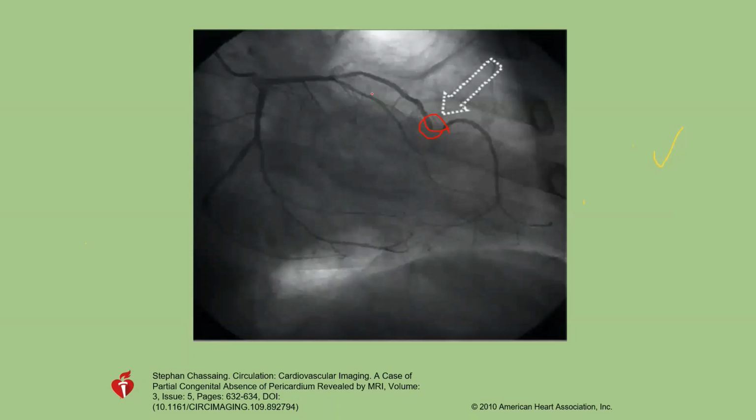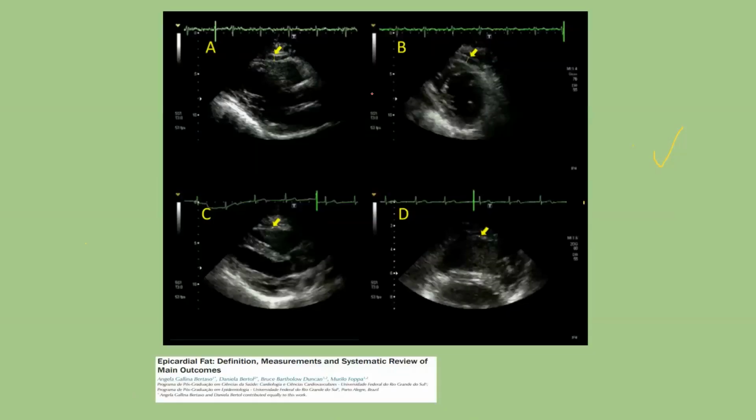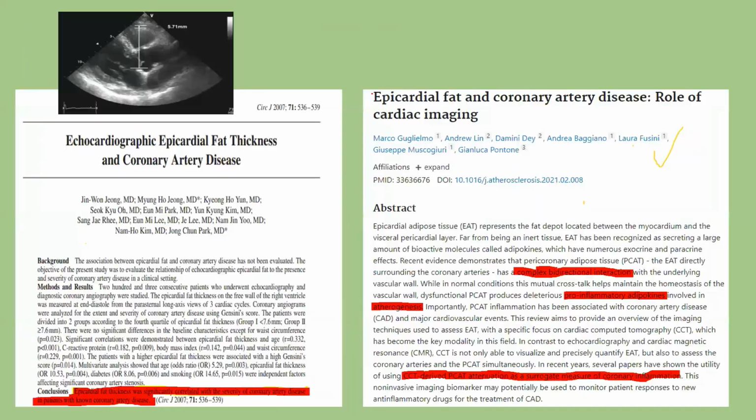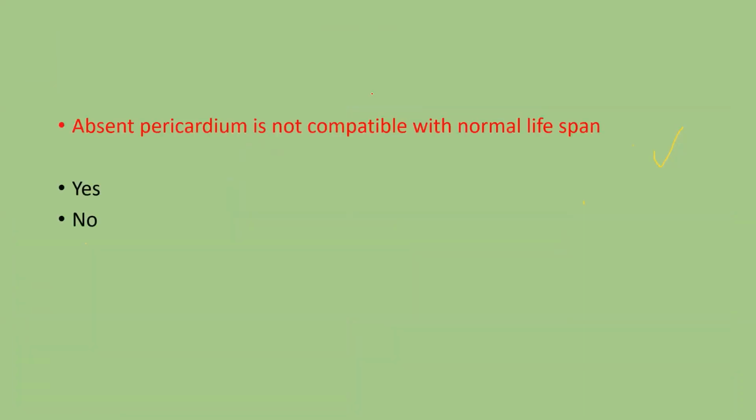Okay, that is why partial absence of the pericardium can sometimes be more serious. Potentially, yeah. Now, pericardial fat, I don't think we need to discuss this one. And okay, so quickly, absent pericardium is not compatible with normal lifespan. Yes or no? No.